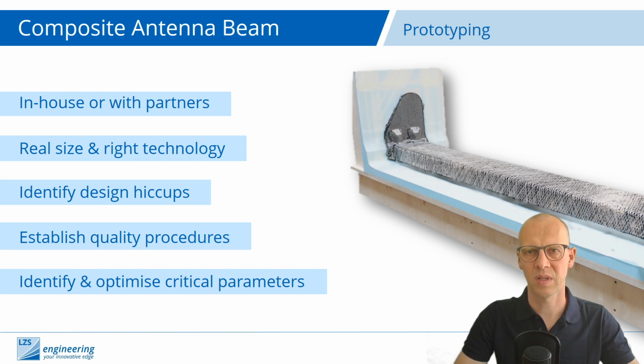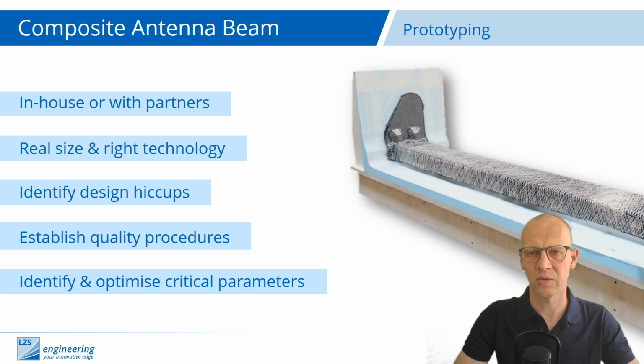And what we always try to do, if it's not an airplane, is to do the prototyping in real size and in the final technology. Because only in that way you can identify your design hiccups early, you can identify the best tool design, and you can already in the prototyping phase establish an idea how to ensure your quality during serial manufacturing.